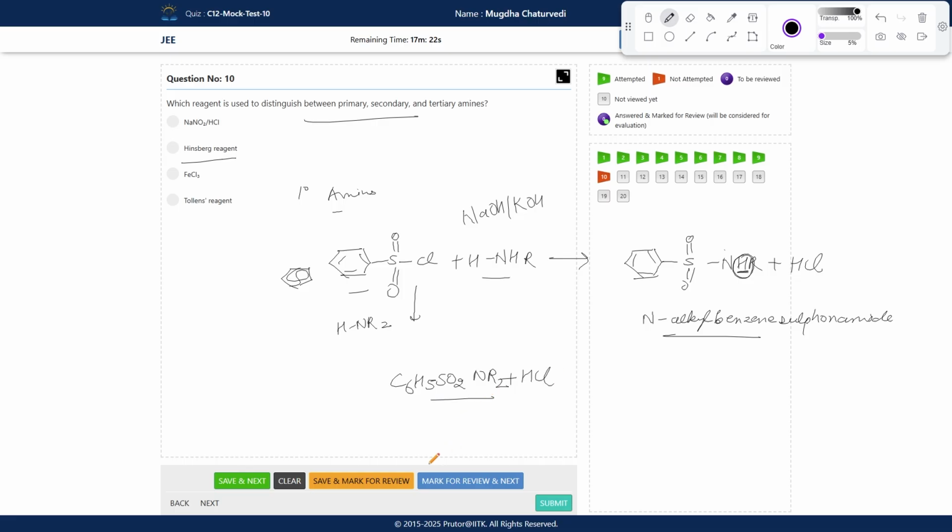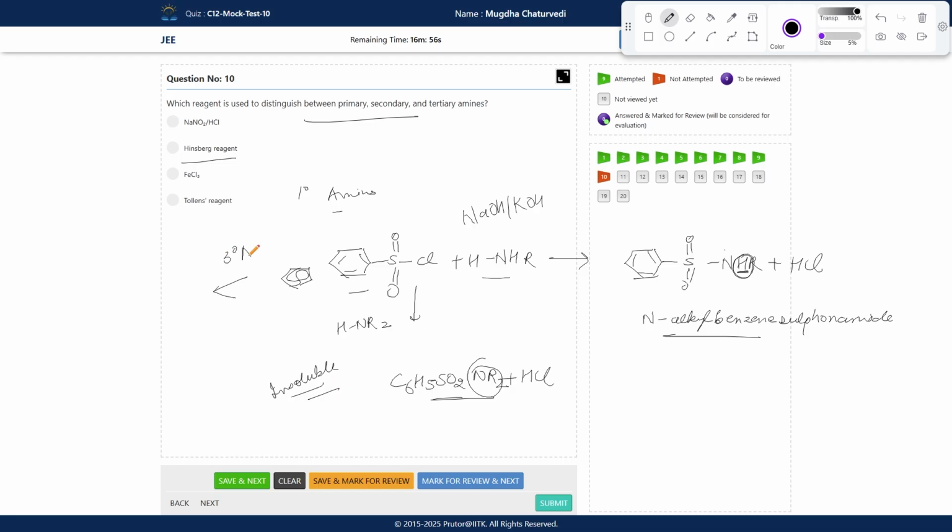So this forms N,N-dialkyl benzene sulfonamide. Okay, so if I talk about this one, then this is insoluble. Can you guess the reason? Because if you look over here, this nitrogen does not have any acidic hydrogen. So it is insoluble. And benzene sulfonyl chloride does not react with tertiary amine.